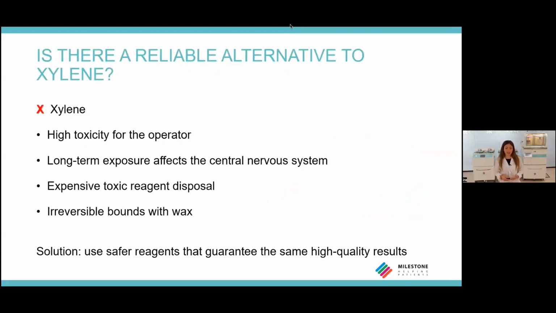Because xylene is commonly used as a cleaning reagent, but this substance is toxic, and long-term exposure to xylene affects the central nervous system and may lead to memory loss and coma, and it's also expensive to dispose of as a toxic reagent. The ideal solution, of course, would be to use an alternative reagent that is safe, but with the same results.